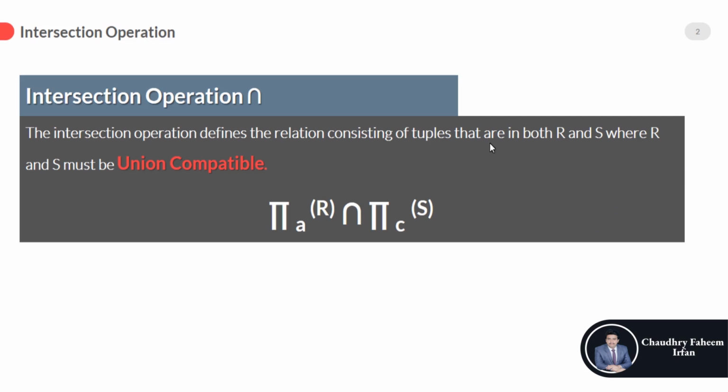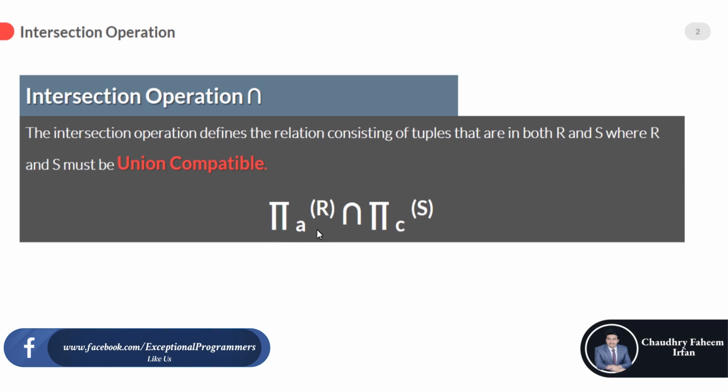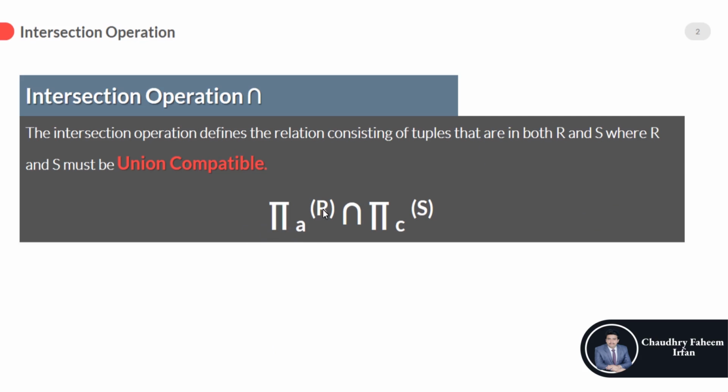Here pi A is the column name, the pi symbol represents the projection operation, and R is the relation, and intersect pi C, where C is the column and S is the relation, over tables in any DBMS.